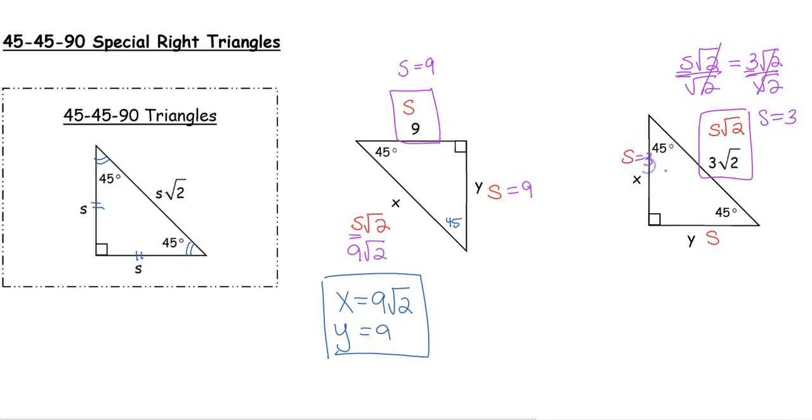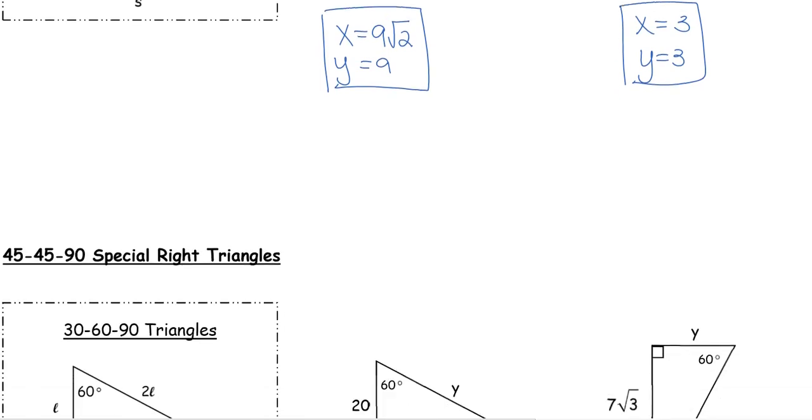Since this side is S and this side is S, that means that X is 3 and Y is 3. So it all comes down to starting by labeling your pattern, identifying which piece of the pattern you have, and then solving for your missing sides.